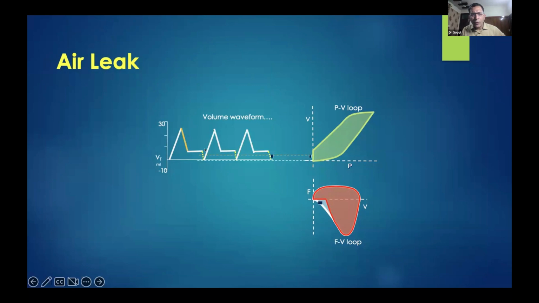And if you see the volume time graphic, it will not come down to baseline. It will end somewhere here. There will be a gap. Again, there is an air leak. In air trapping, it will be different. The flow volume loop will actually end here, and in the flow time curve, it will end somewhere here.